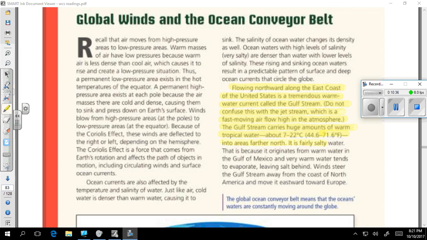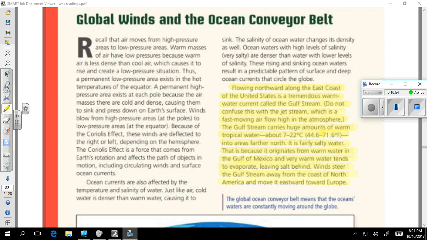It is fairly salty water. This is because it originates from warm water in the Gulf of Mexico, and very warm water tends to evaporate, leaving salt behind. Wind steers the Gulf Stream away from the coast of North America and moves it eastwards towards Europe.